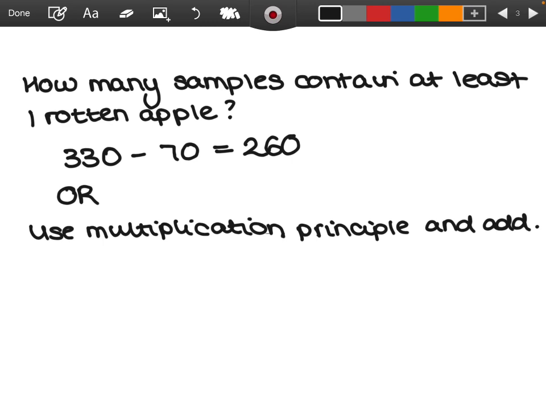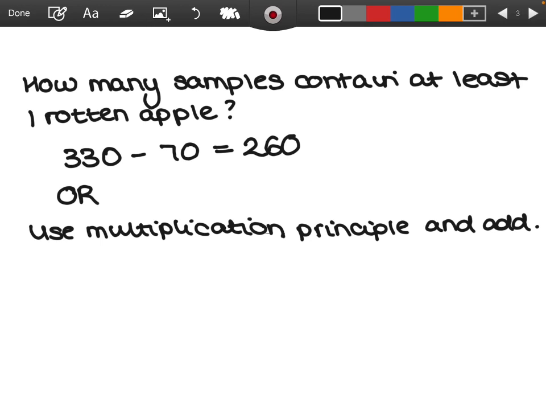The next problem looks at how many samples contain at least 1 rotten apple. This kind of goes back to our previous example because there's a couple of ways that we can do this. The way that I did this was the shortcut way. We know that if a sample contains at least 1 rotten apple, remember we pick out 4 apples, it can have 1 rotten apple, 2 rotten apples, 3 rotten apples, or all 4 of them are rotten. The only outcome that we are not interested in here is when there are no rotten apples.